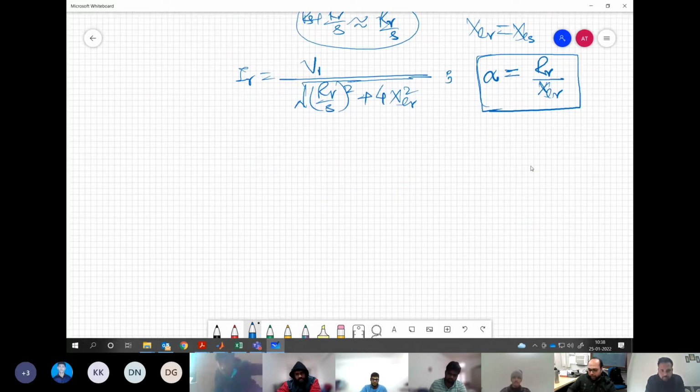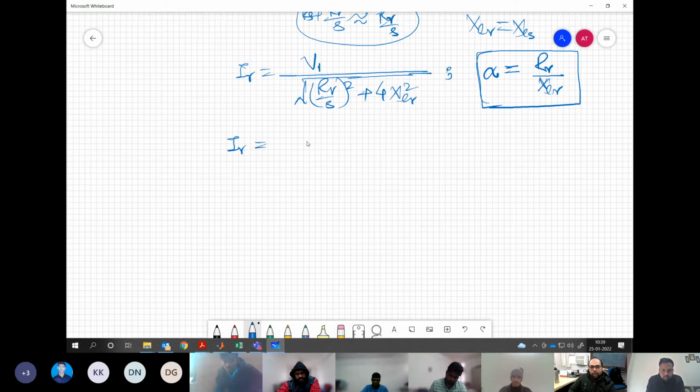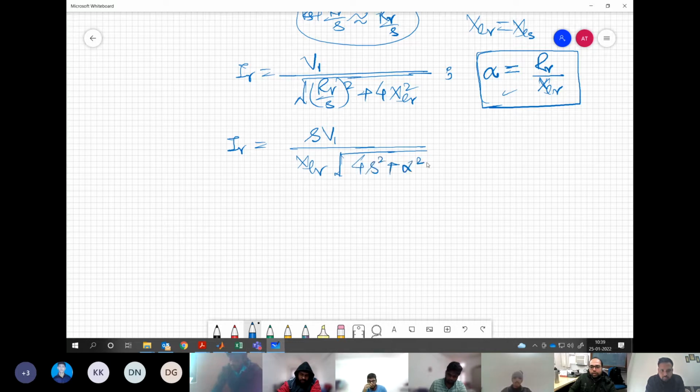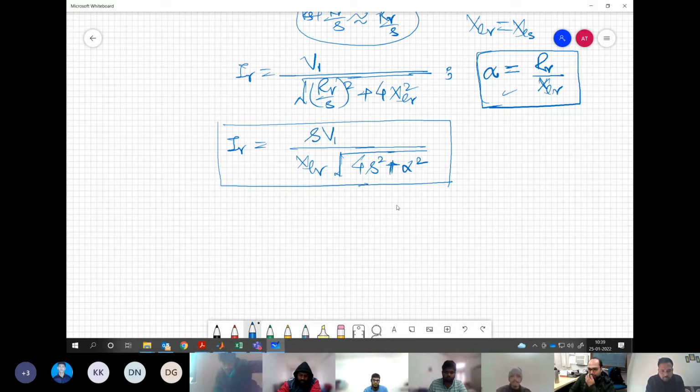Now IR, if we rearrange this in terms of alpha and S, comes out as S V1 divided by XLR times the square root of 4 S square plus alpha square. XLR we have taken common, S has come out. So this is the rearrangement. Is this term clear to all of you? Clear, right? Yes, sir. Good.